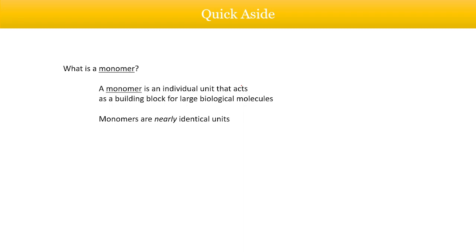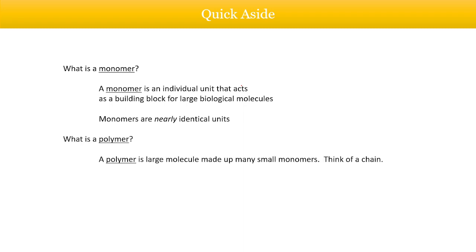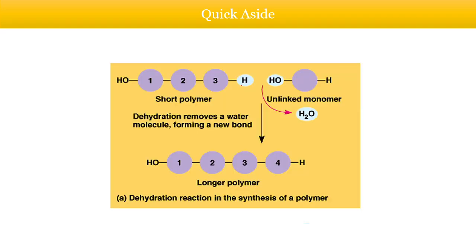They are nearly identical units, and polymers are large molecules that are made up of the small molecules, like if we think of a chain where we have a short polymer and an unlinked polymer that is joined by the dehydration or removal of a water molecule to form a new bond.